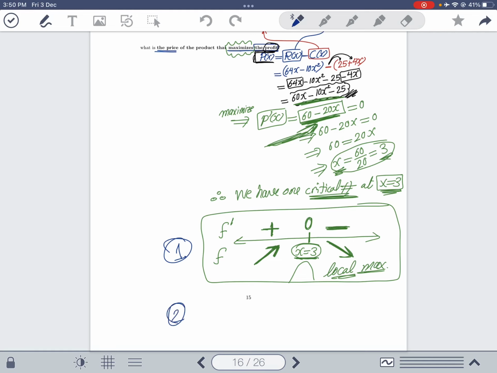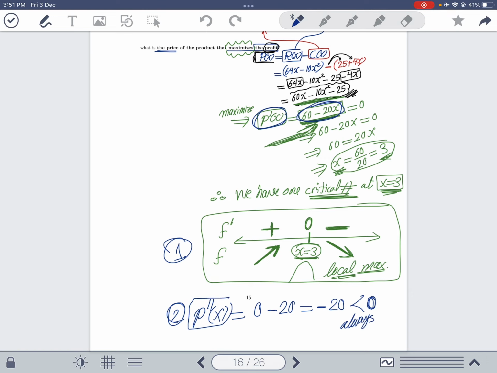The second one is compute f double prime of x. Or p, in this case we call it p. Our function is p. So p prime, remember it was what? 60 minus 20x. So double prime, it will be 0, and then minus 20x, minus 20 is the derivative. So it's negative 20, so it's negative always.